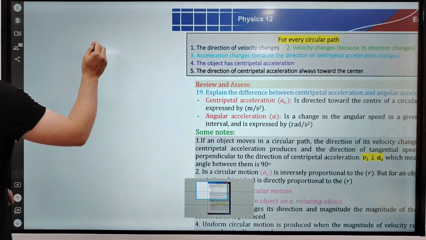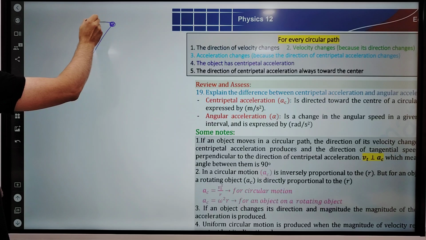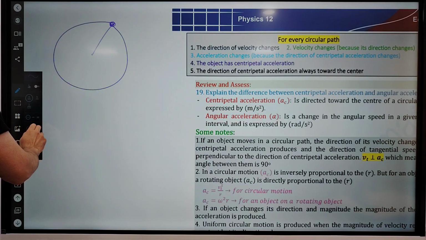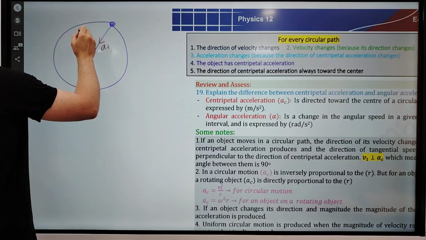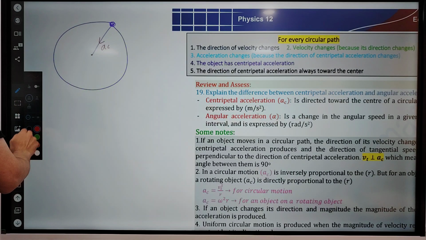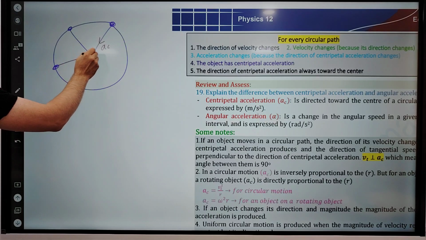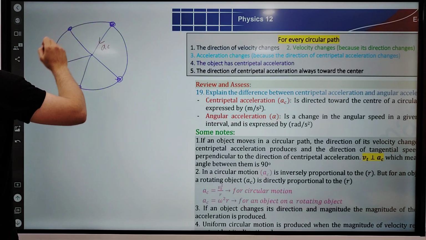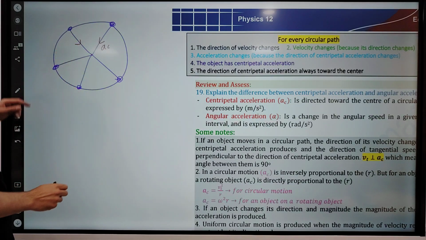Why? Look. For example, when the object is moving in the circular path, the centripetal acceleration is directed in this direction. When the object reaches this point, where is the direction of the centripetal acceleration?